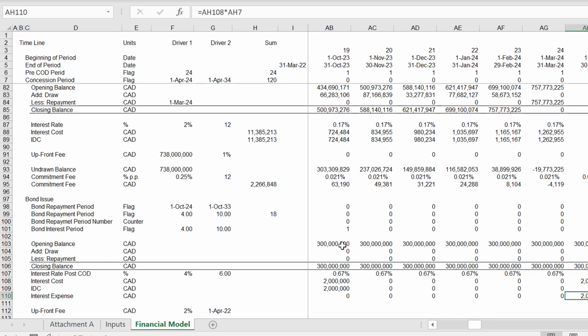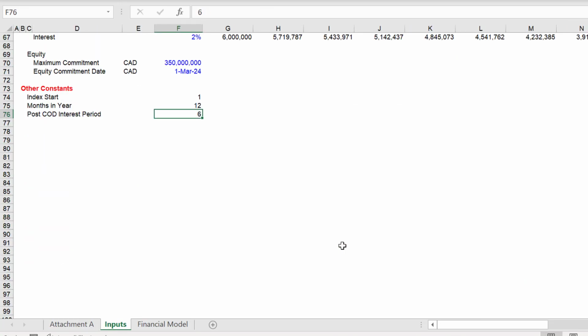Oof, this is wrong. We need to move both of these up by 1 because you're not going to pay interest, and the repayment is going to be 1 period earlier, I think. So, oh God.